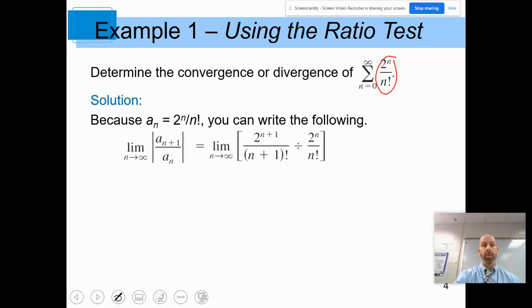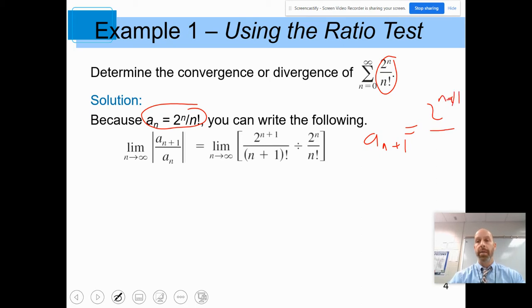Therefore, a sub n plus 1 is 2 to the n plus 1 over n plus 1 factorial.